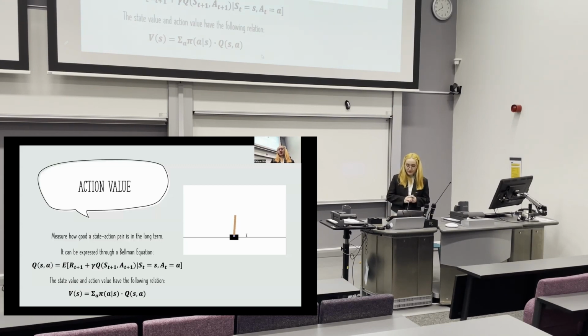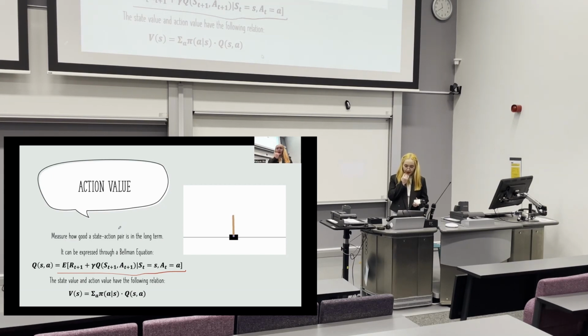The other one of the two values is called action value, which measures how good a state action pair is in the long term. It is the discounted sum of all rewards that the agent is going to receive in the future towards the end of the current episode after taking an action under a state, and it can also be expressed in an iterative way as a Bellman equation, just like before.